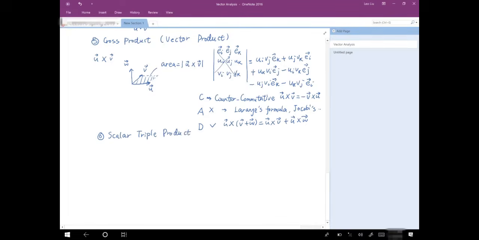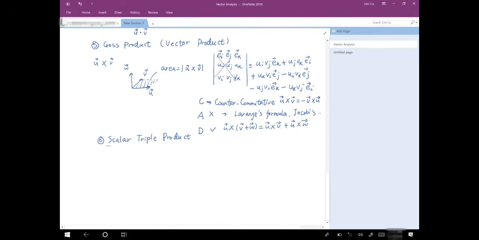It's called a scalar triple product because if we use a scalar triple product, we're going to get a scalar, and it's defined as a compound operation with both vector product and scalar product. So it's U dot, then the cross product of V and W. And this is one of them.